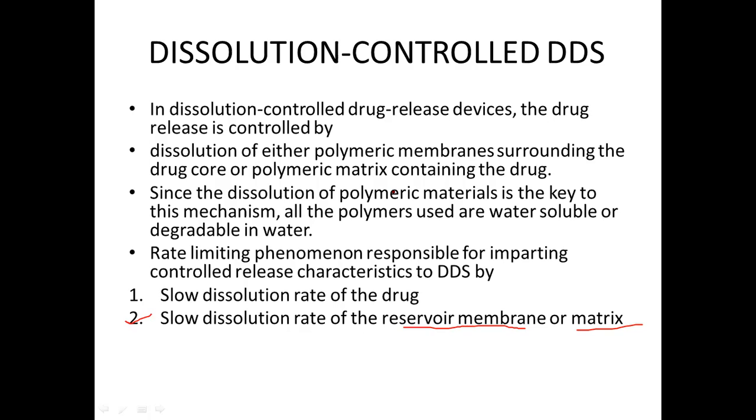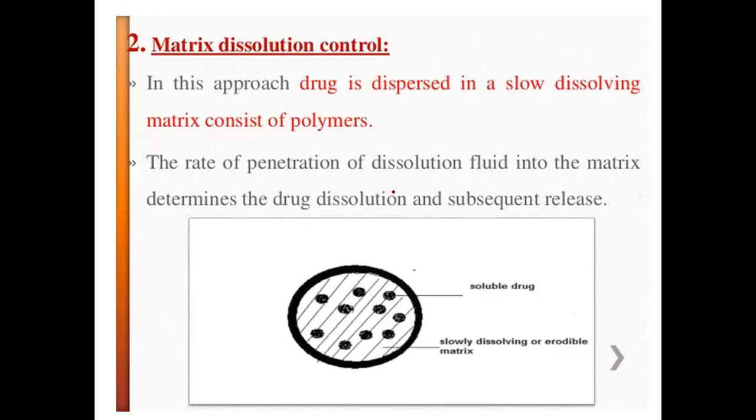So basically the rate of dissolution, fluid penetration, and the viability of the reservoir systems are controlled. Let's see what the matrix and reservoir systems are. In the matrix dissolution system, the drug is dispersed in a slow dissolving matrix consisting of polymers.